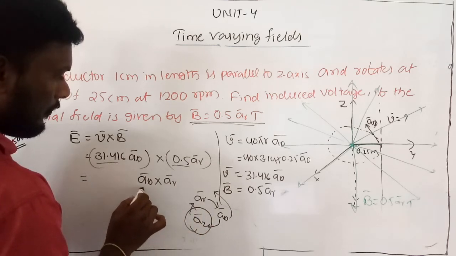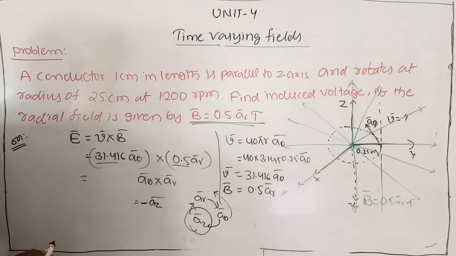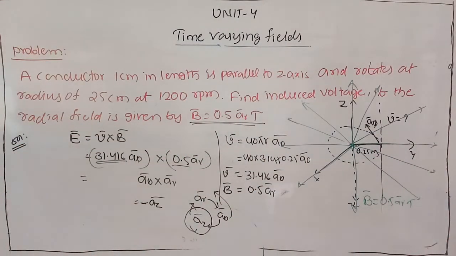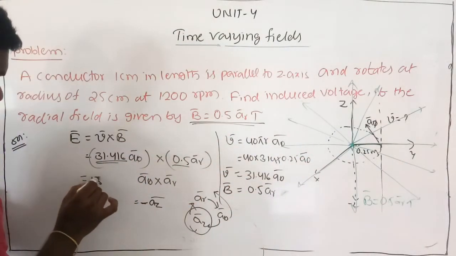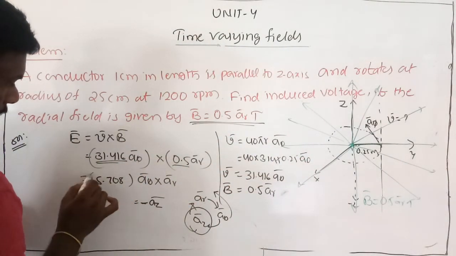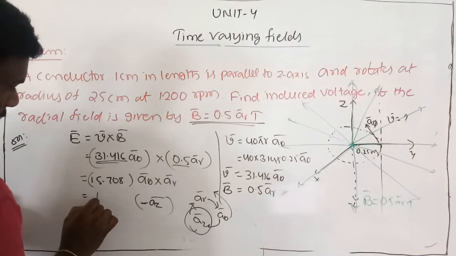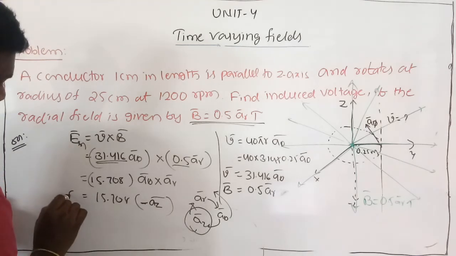That is the resultant of a_phi cross a_r. What is the magnitude of 31.416 into 0.5? It is 15.708. Now I have E_m.